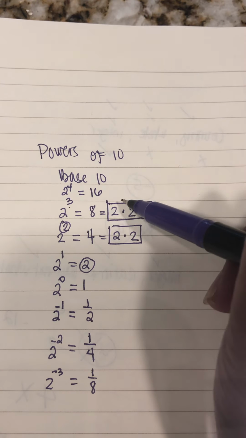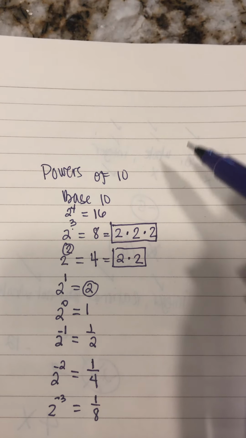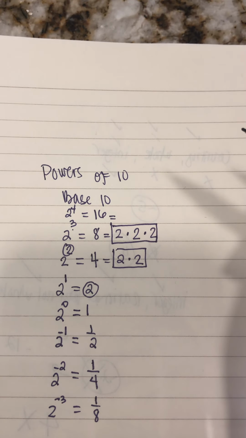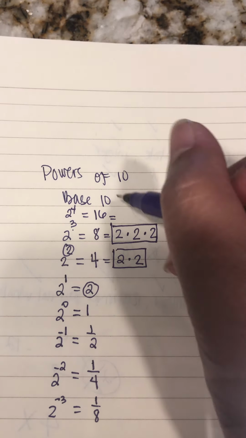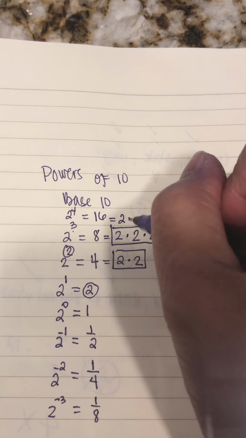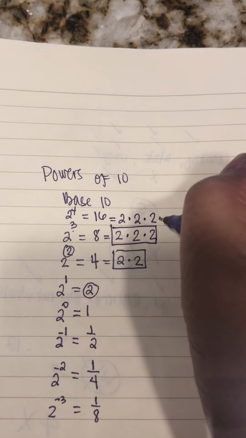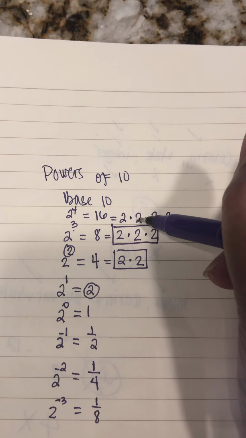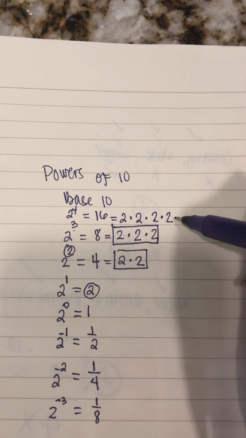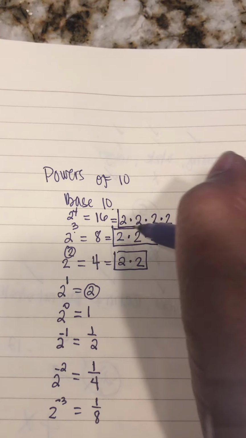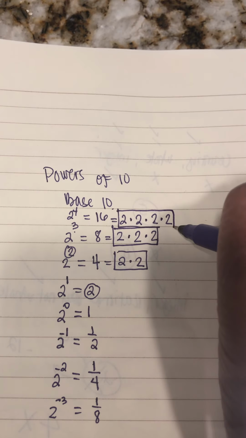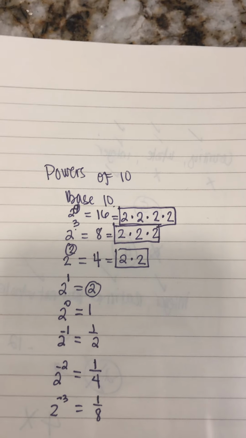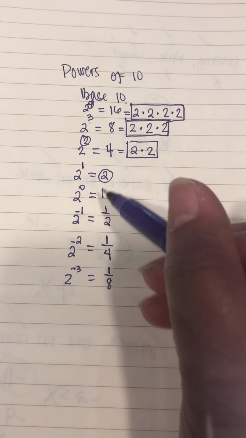So are you seeing the relationship here? And then my 16, you probably can tell already using the pattern that this would be 4 2's. So 2 times 2 times 2 times 2. And so 2 times 2 is 4, times 2 is 8, times 2 is 16. And look at this. I have 4 2's. I also have 4 as my exponent here. I only have 1 2.